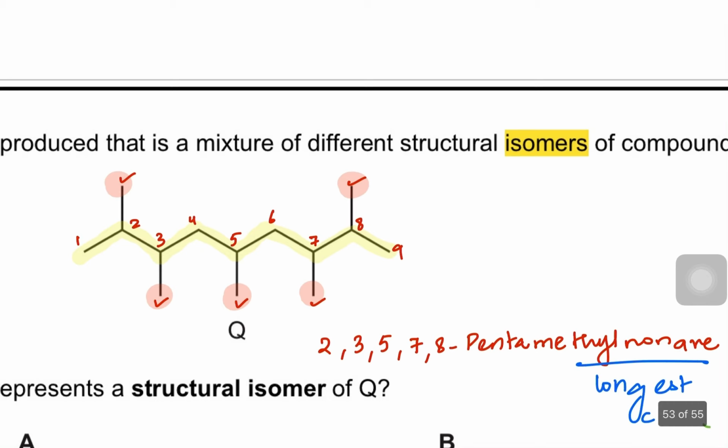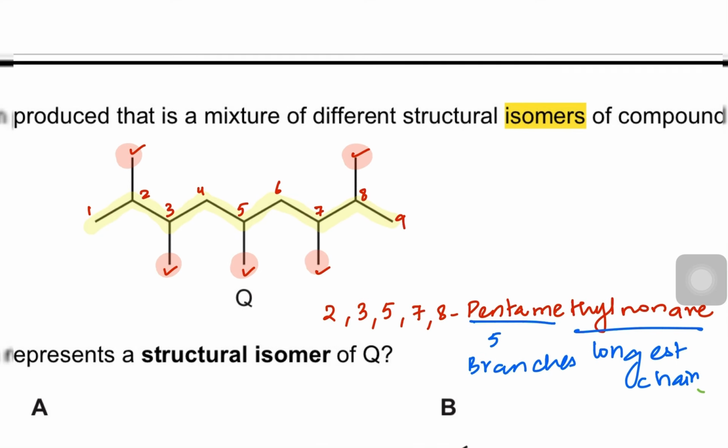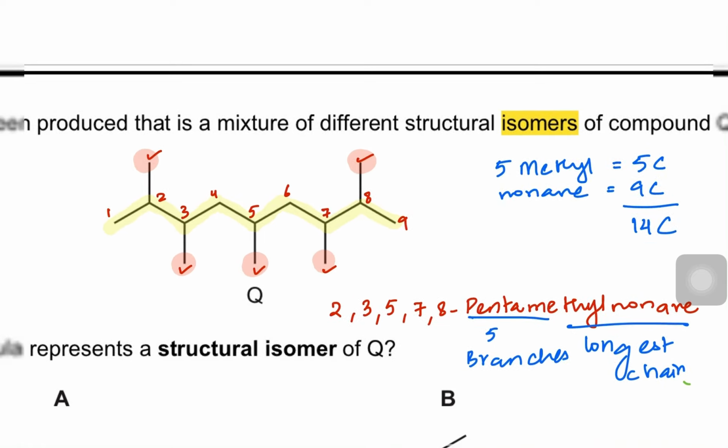I know it sounds a little weird. Now we know how many carbons are here. 5 methyls equal 5 carbons. Longest chain is nonane, so 9 carbons, which is a total of 14 carbons.